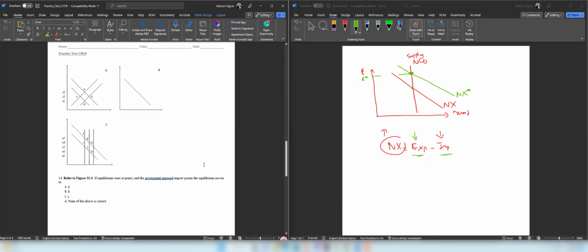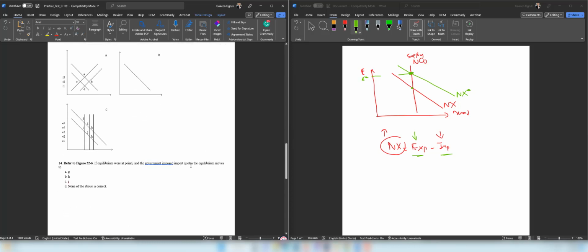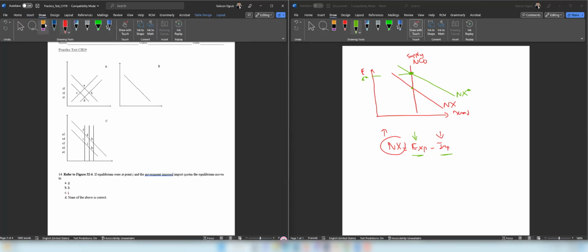And the last question, if equilibrium in this figure, as you see here, in this foreign exchange market is J. Here is the equilibrium point. So that means we are on this curve and we are on this demand, right? And now if there is an import quota, the demand for foreign currency is going to shift.